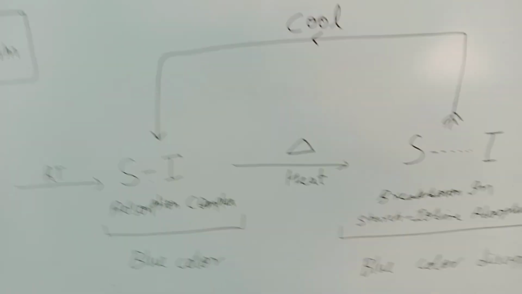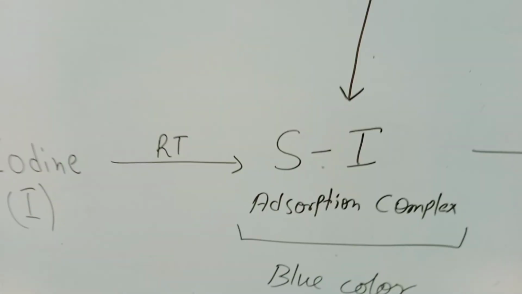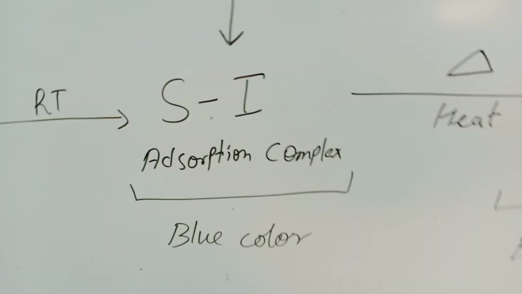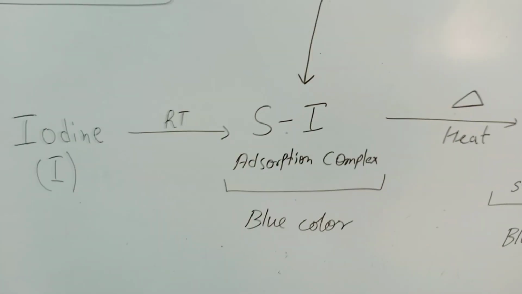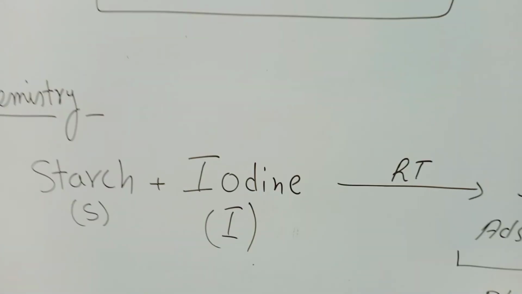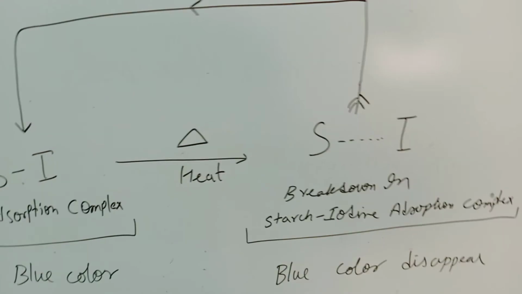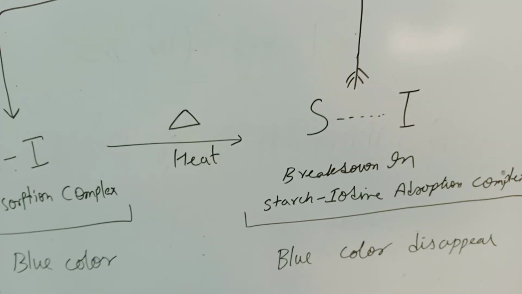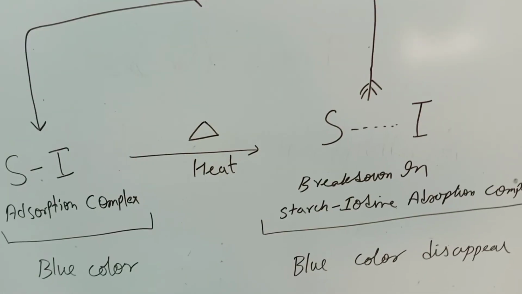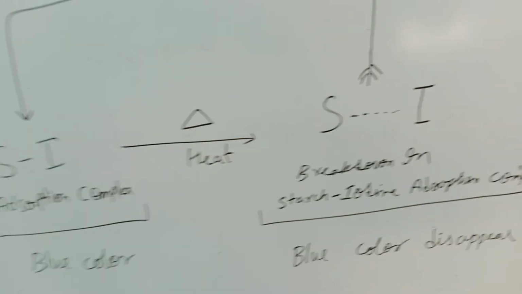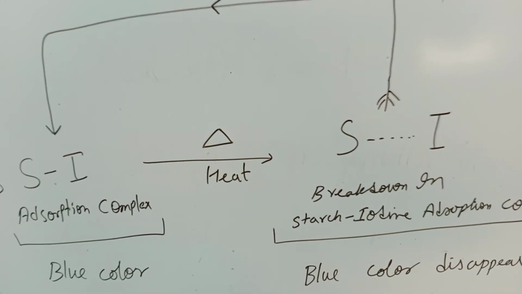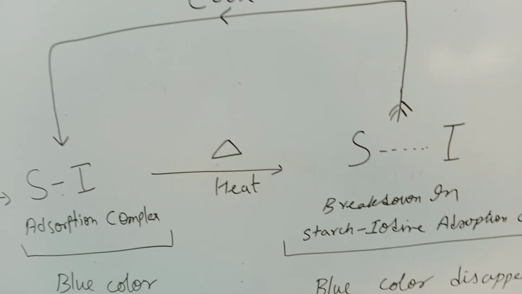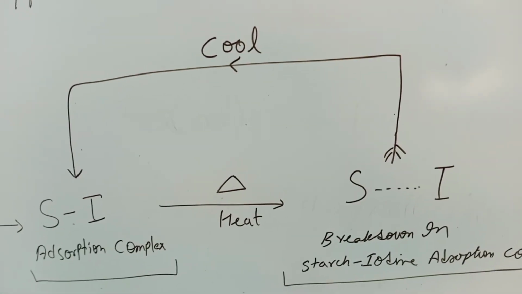So this is the basic chemistry behind the formation of blue color on addition of iodine to starch, and why the blue color disappears when the content is heated and reappears on cooling.